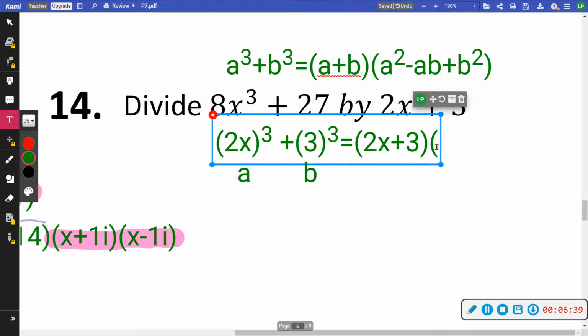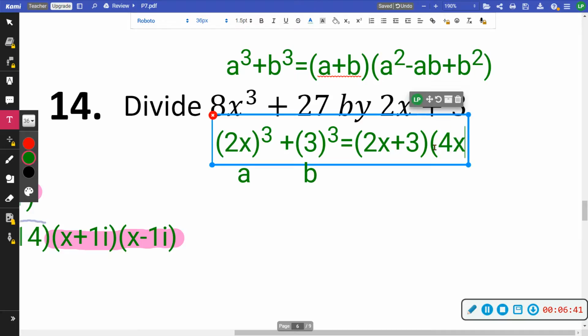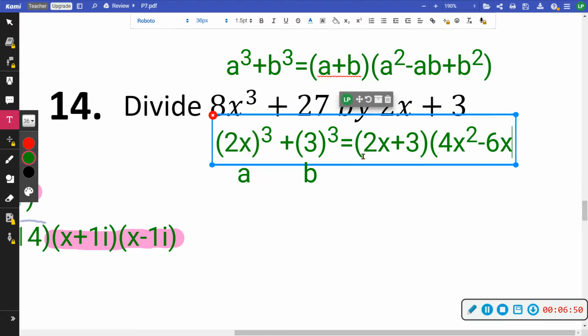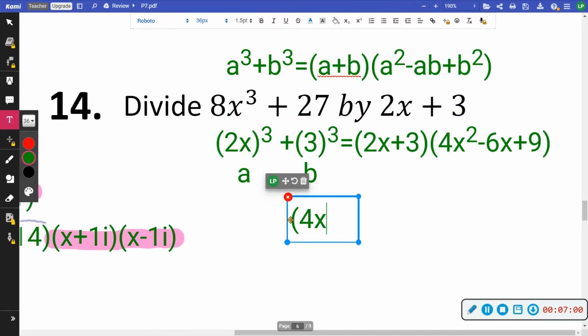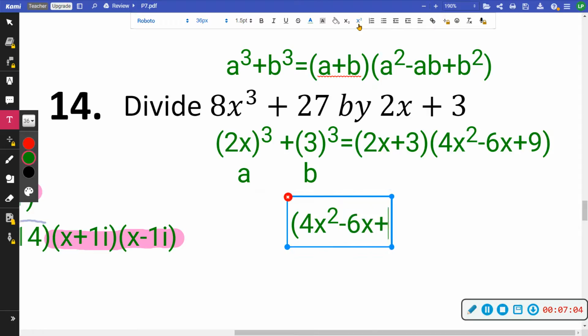So a squared would be 4x squared, and then minus a times b, 2x times 3 would be 6x, and then b squared, 3 times 3 would be plus 9. So they said take 8x to the third plus 27, divide out the 2x plus 3, so your answer would just be 4x squared minus 6x plus 9.